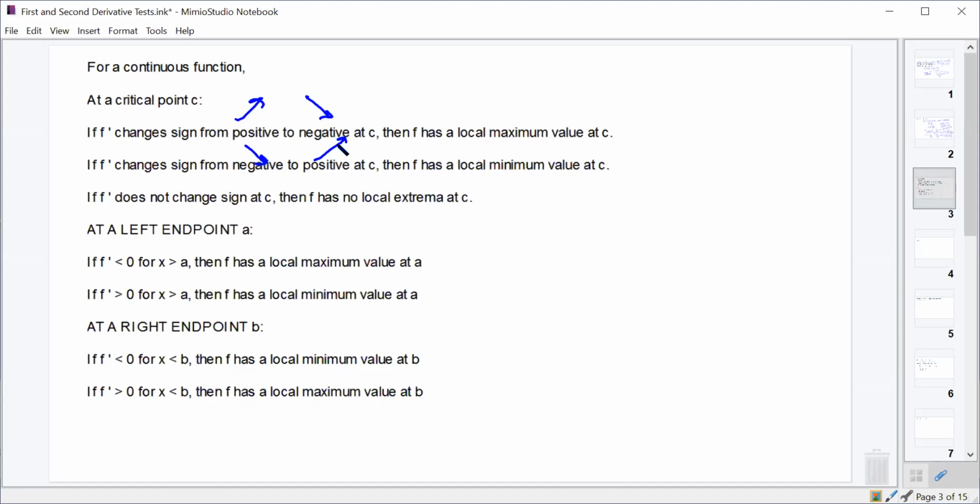Now, it's possible that our derivative might not change signs at that value, in which case there is not a local max or a local min. And we can apply the same types of things at endpoints. So if we have a left endpoint and our derivative is positive to the right, then our function increases to the right and we have a local min, and so on. I think the endpoint ones are kind of self-explanatory. Good or no?